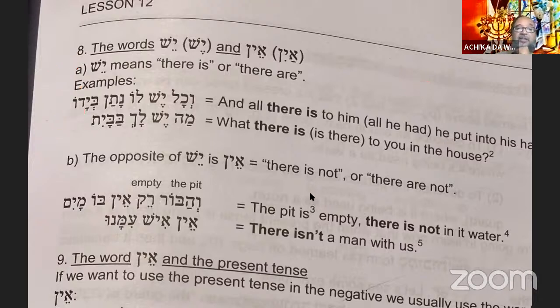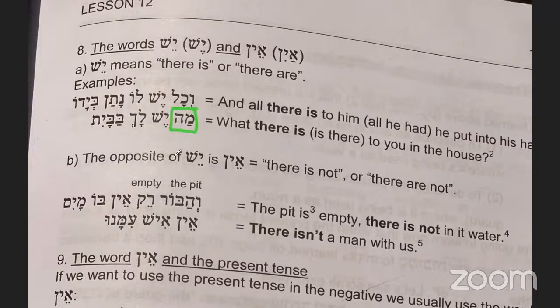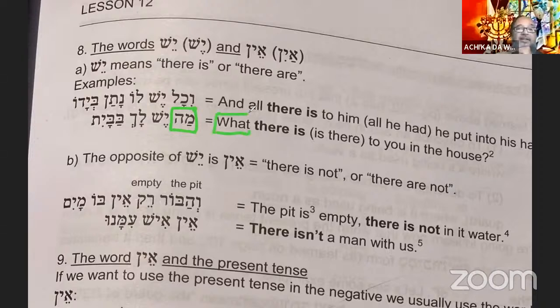Okay, good reading. Somebody read this one right here. Let's do this. Somebody read that. First word. Is it ma? Ma, exactly. And ma means what? Okay.